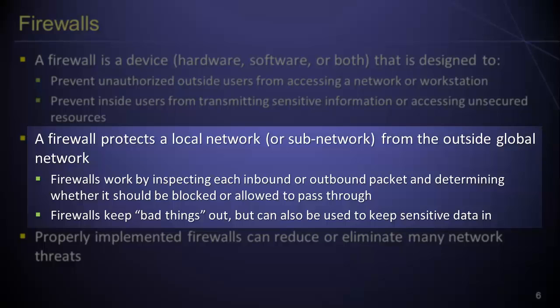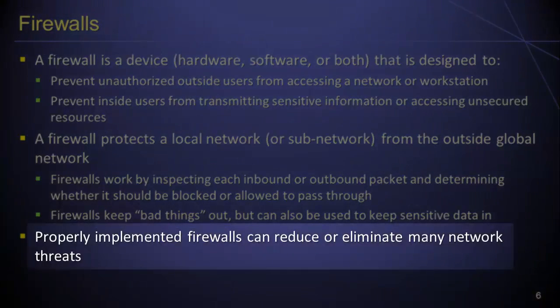Put another way, firewalls are designed to keep bad things out of a local network or subnet, while simultaneously keeping valuable or sensitive data from escaping to the outside world. What constitutes a bad thing, or vulnerable or sensitive data, is determined by the organization that operates the firewall and is formally defined using a firewall security policy. When properly implemented, firewalls can be extremely effective in reducing or eliminating many network threats.